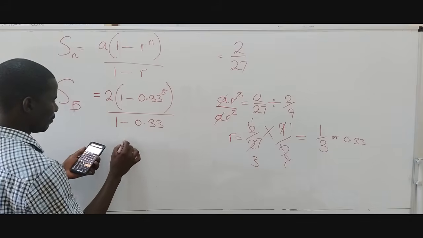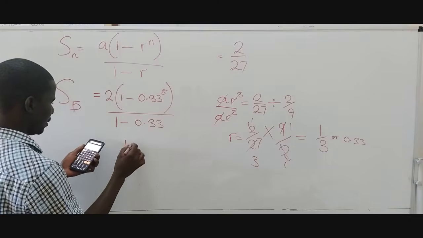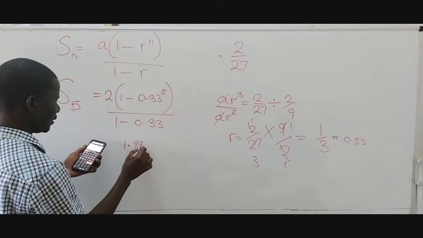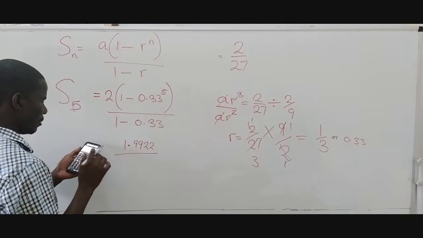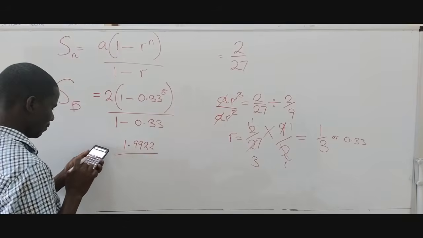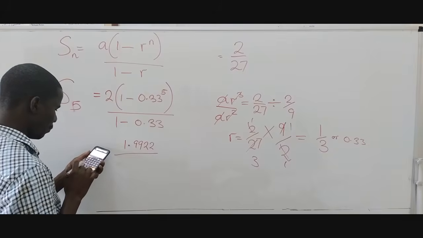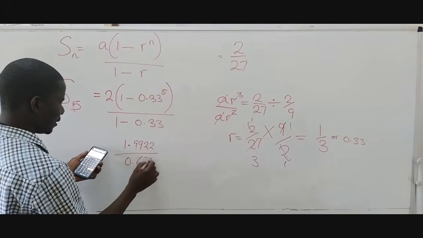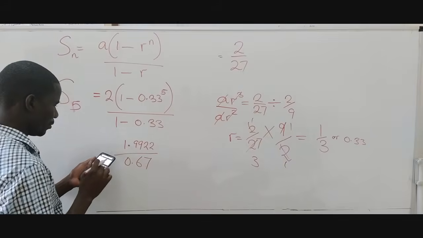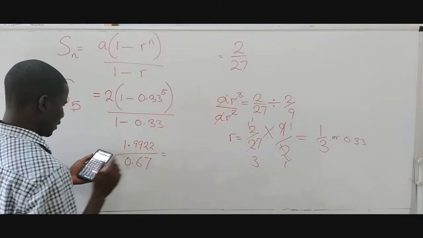This is going to give us 1.9922 when you round it off. Then for the other one, 1 minus 0.33 is going to give us 0.67. Then you divide now. What do we get here?